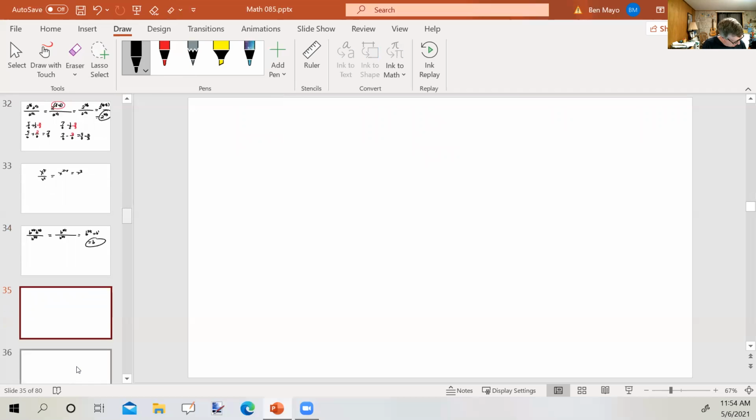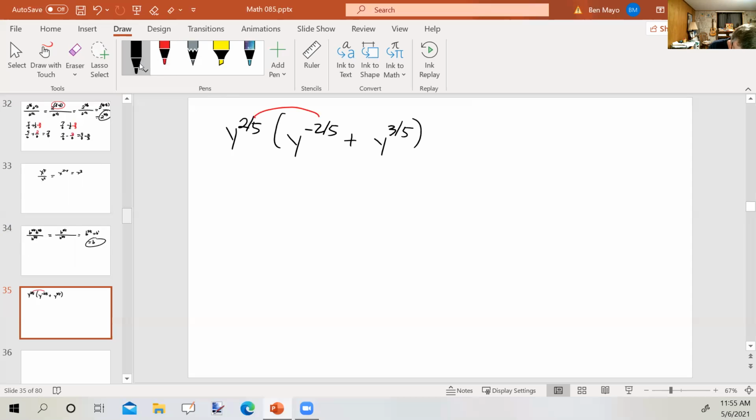Now let's look at some multiplication where we're going to distribute. Again, all variables represent positive real numbers. y to the 2/5 power multiplied by the quantity y to the negative 2/5 plus y to the 3/5 power. So distributing, we're going to get y to the 2/5 times y to the negative 2/5 plus y to the 2/5 times y to the 3/5.